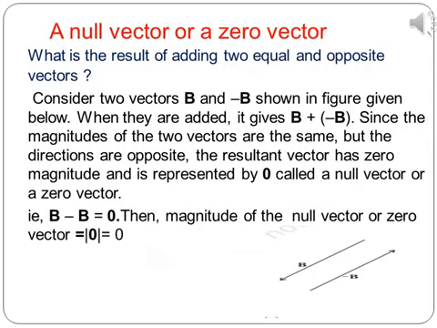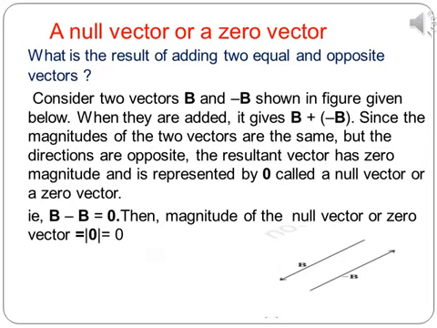Can you think about what should be the result of adding two equal and opposite vectors? For this, consider two vectors, vector B and minus vector B, shown in given figure.